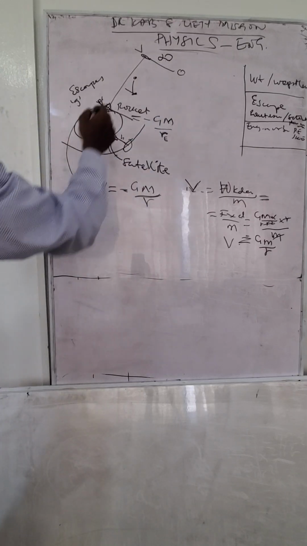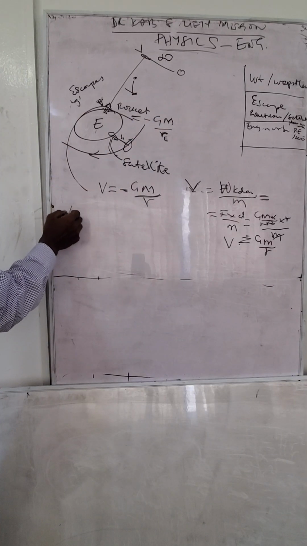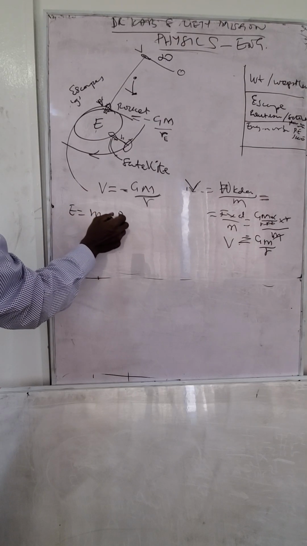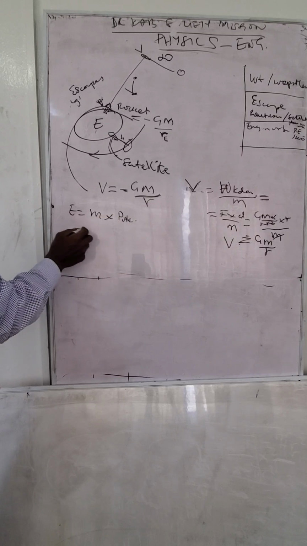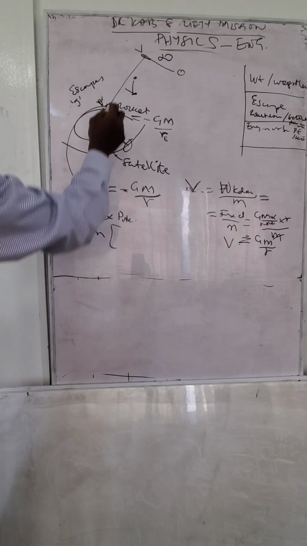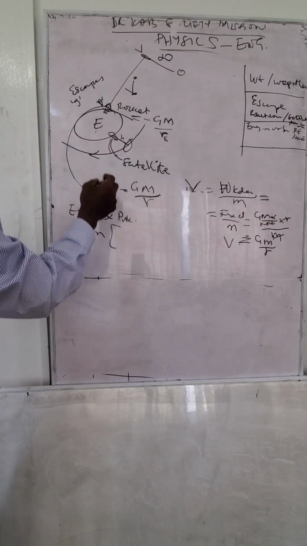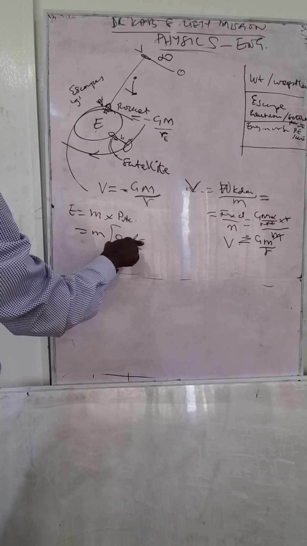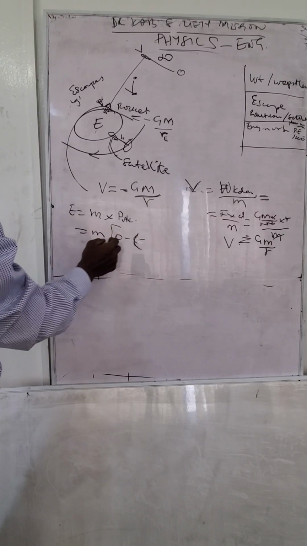So if we want to find the energy, it will be equal to what? Mass times the potential. This will mean m times, in bracket, the potential difference will be the energy. So that will be 0 minus, in bracket, minus GM over R_E.